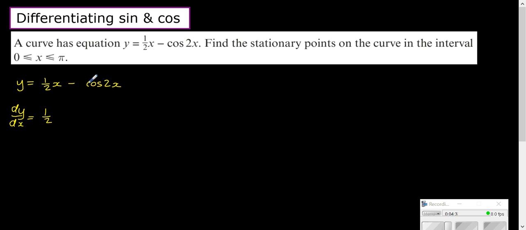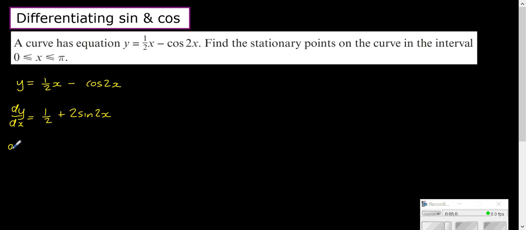If we differentiate cos 2x, we get minus 2 sine 2x. And if we're subtracting a minus, then we're adding.